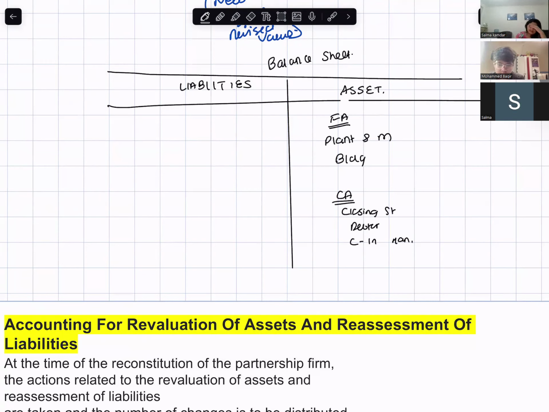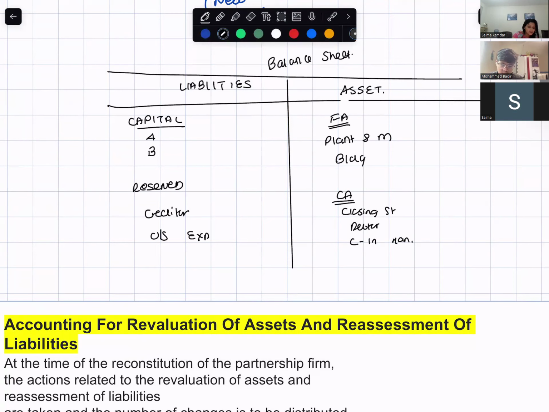The liability side, what will you have? Capital, reserves, creditors, outstanding expenses. Okay. So when there is a reconstitution of a partnership, what happens is that the old balance sheet has to close down.